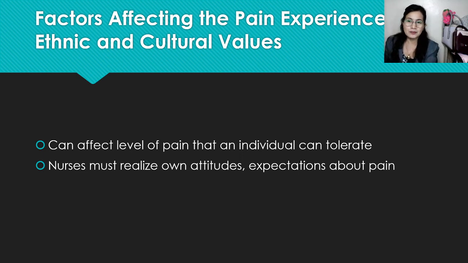So, the nurse cannot right away conclude that pain is perceived similarly by different clients. The nurse must understand the client's attitude, and then will be able to come up with expectations about the client's pain.